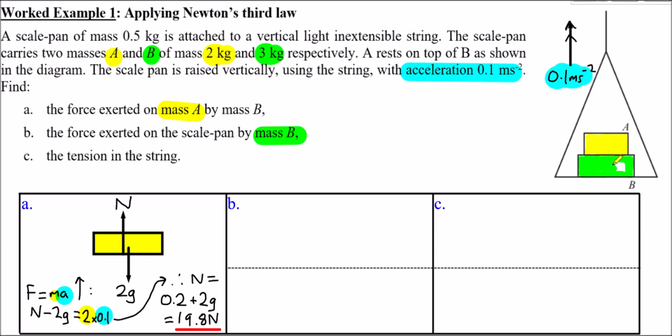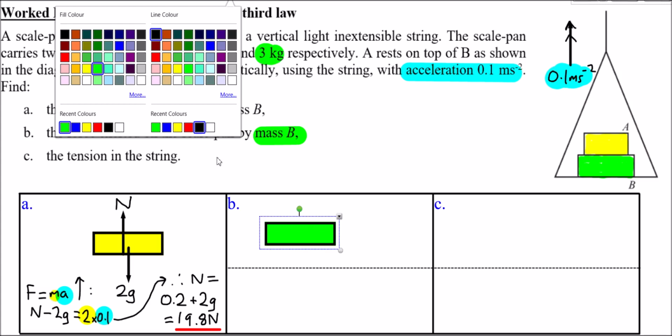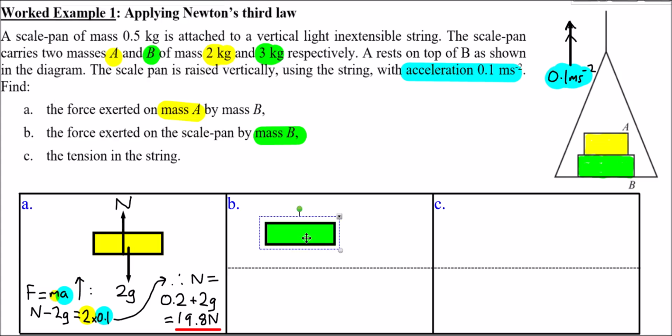So I'm just going to sketch in B and B alone. I'm just going to consider B on its own. I'm going to take what we had for mass A and transfer it in a different colour over here, which we're going to call mass B. So what's happening on mass B?